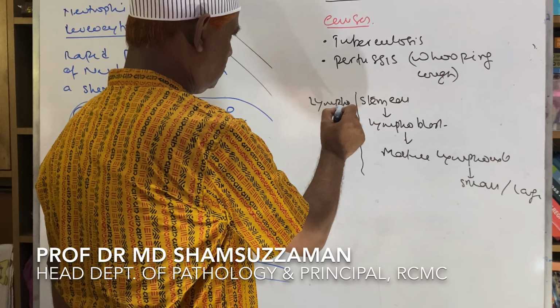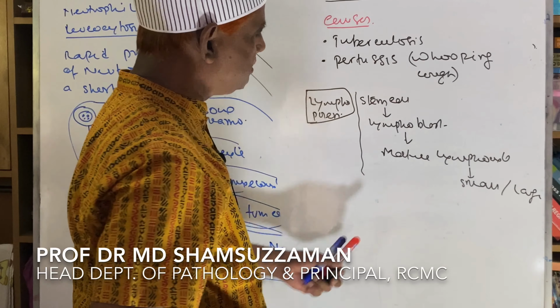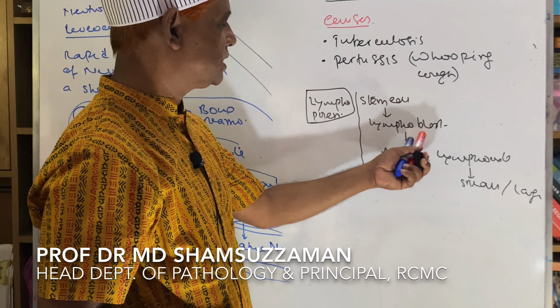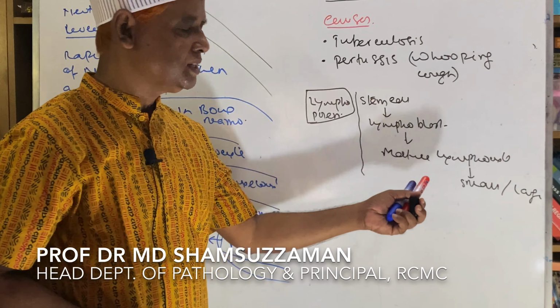This is lymphopoiesis. So during lymphopoiesis we get mature lymphocytes from lymphoblasts, and these mature lymphocytes come into the blood.